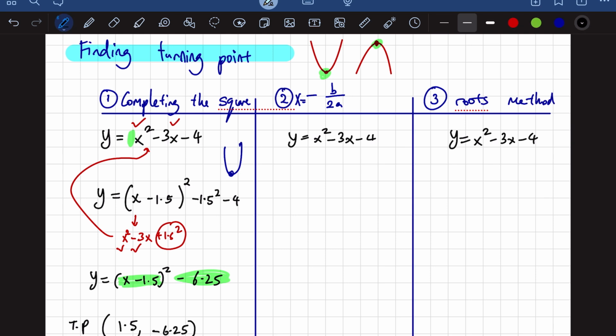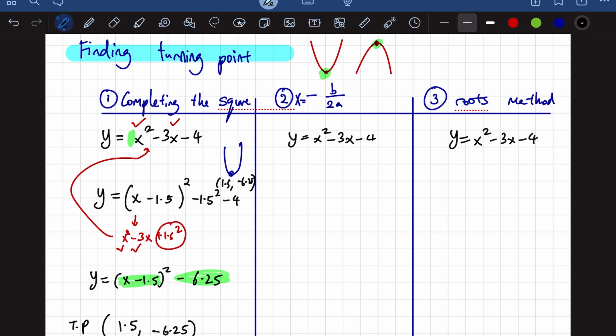So there it is. We have the turning point of the parabola. In this example, our turning point is 1.5 and minus 6.25. So this will be the first strategy, completing the square.